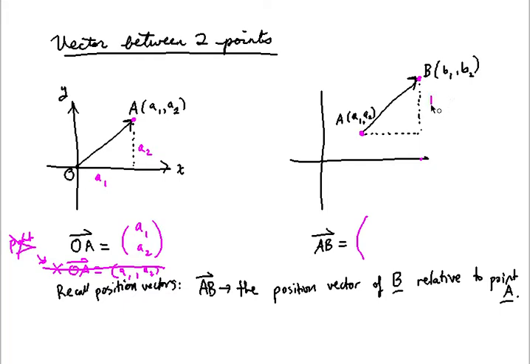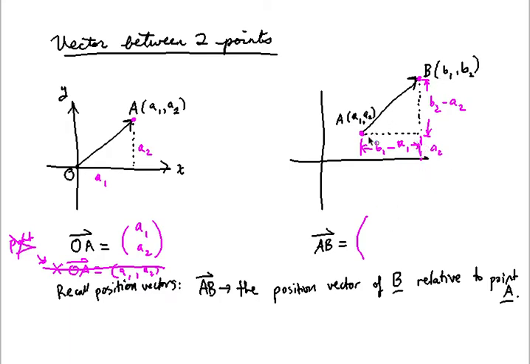From here to here, that's B2, and from here to here, that would be A2. So this distance would be B2 minus A2, and this distance would be B1 minus A1. Okay, so that makes things very convenient.